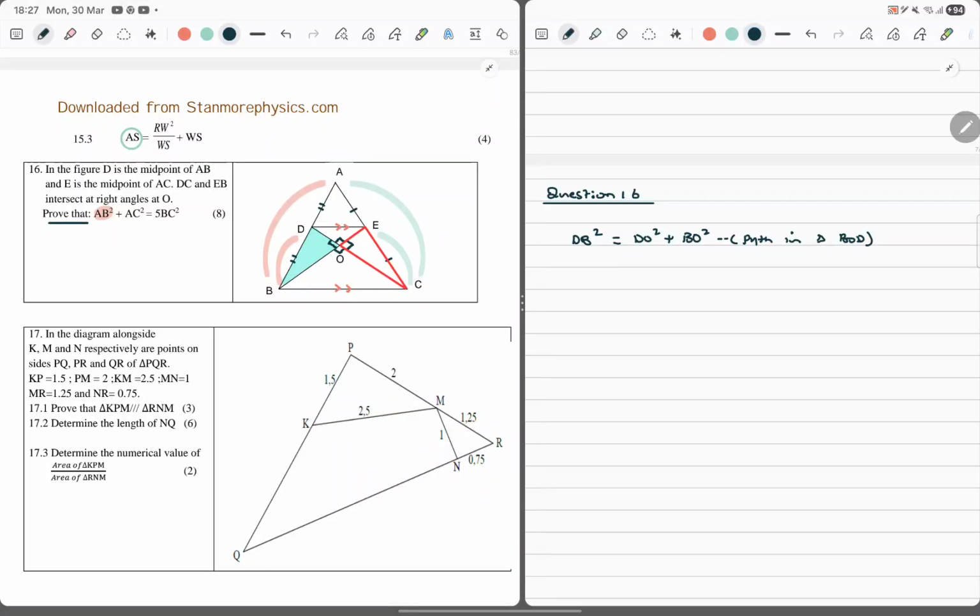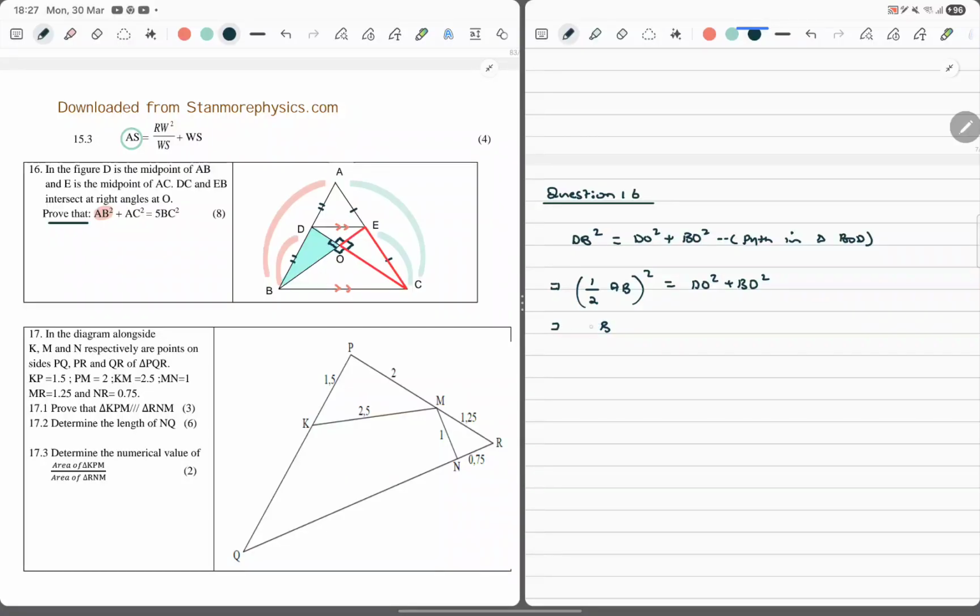Okay, so that's essentially what I know, which is going to imply that, what is DB? DB is half of AB, so I've got half of AB, all of it squared, equals DO squared plus BO squared.